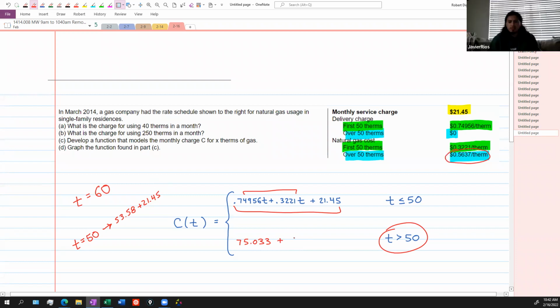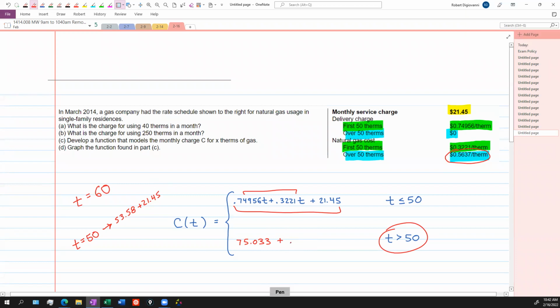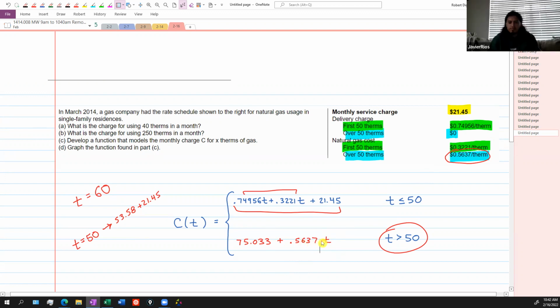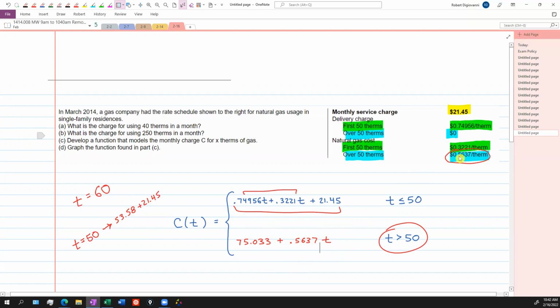So if you put 0.5637 T, it won't work. Why doesn't that work? Because if T is 60, then you're going to take this and multiply by 60. But you're not paying this much for 60, you're only paying this much for 10, because the first 50 are accounted for in here.